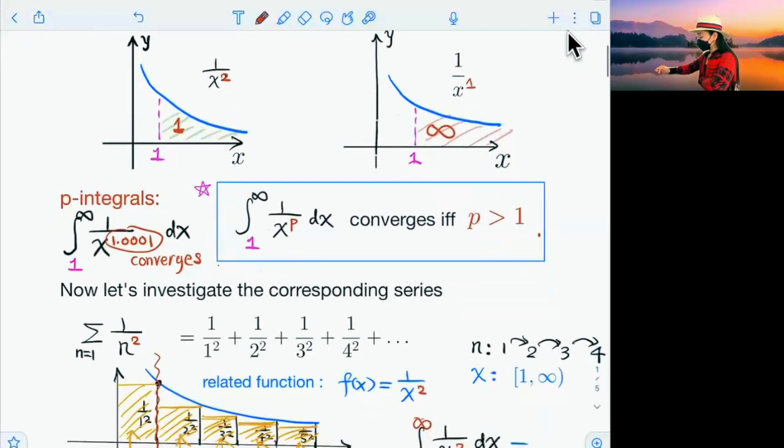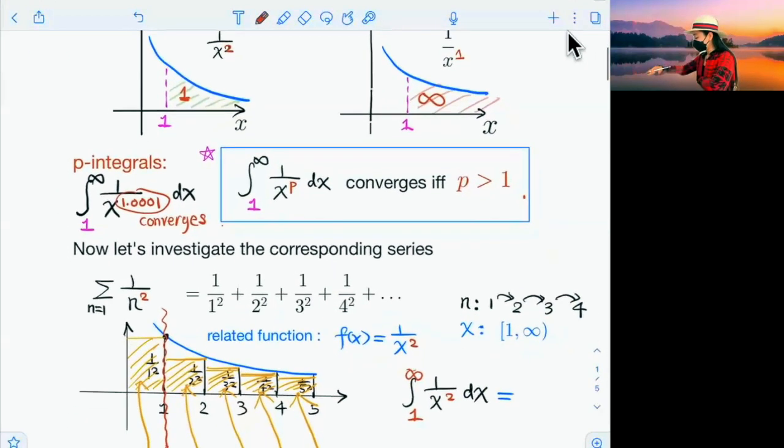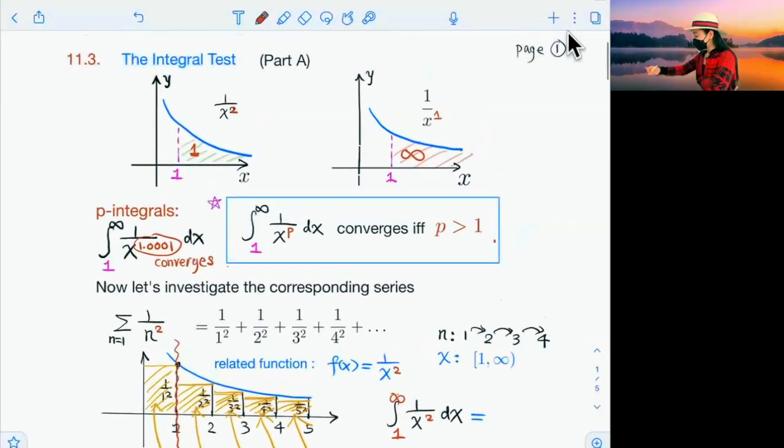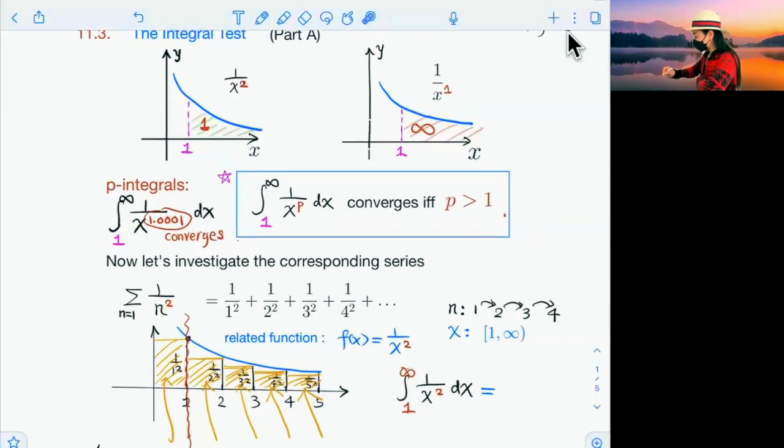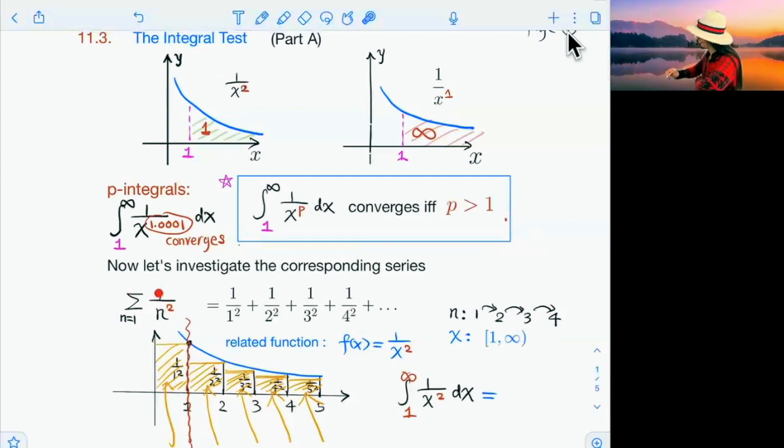All right, now let's investigate the corresponding series. So we have this p-integral, and I'm going to find the corresponding series. The corresponding series is 1 over n squared, summed from n equal to 1 to infinity. So the x here is being replaced by n.